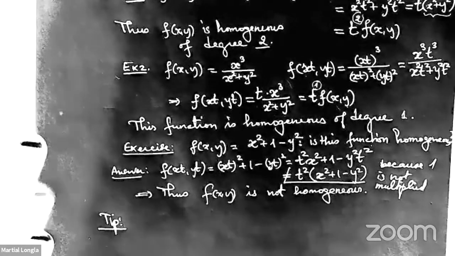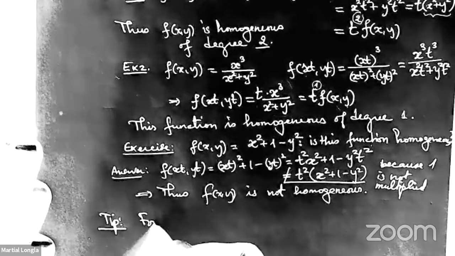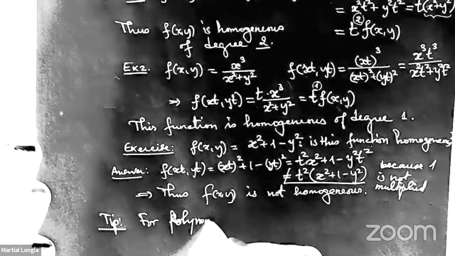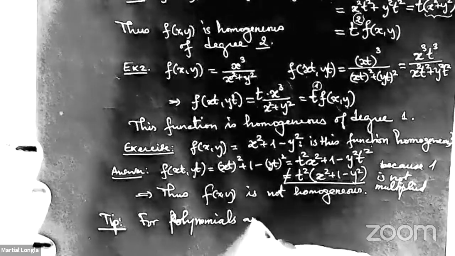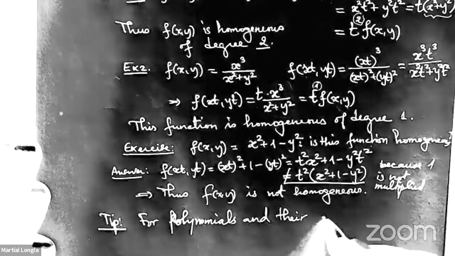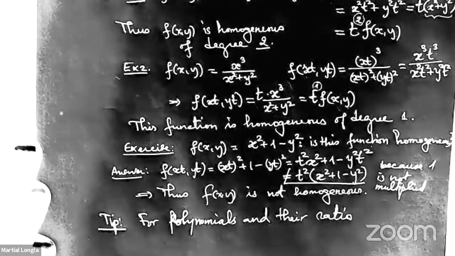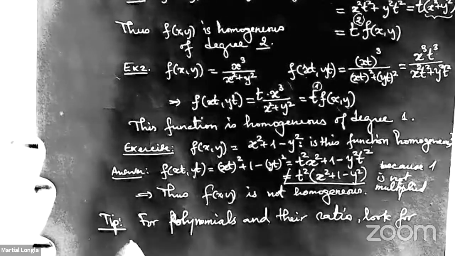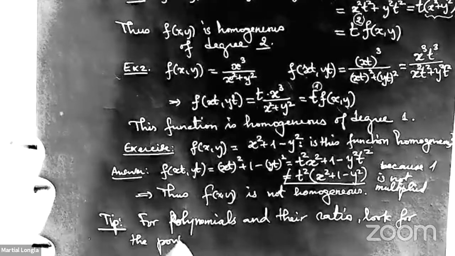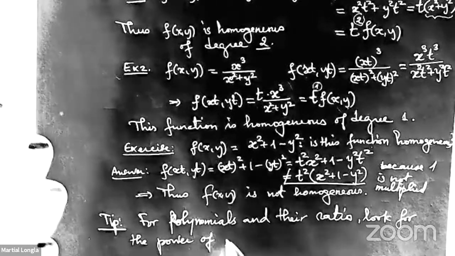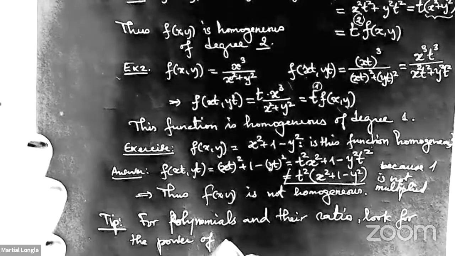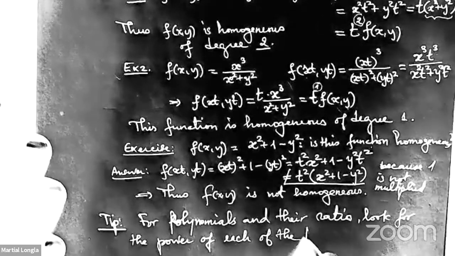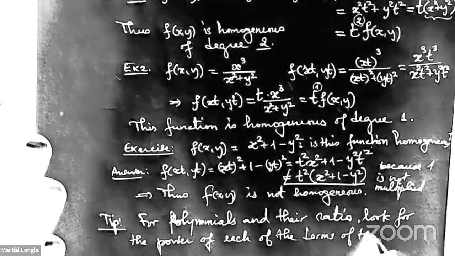So, a tip for polynomials and their fractions or their ratios: look for the power of each of the terms of the sum.